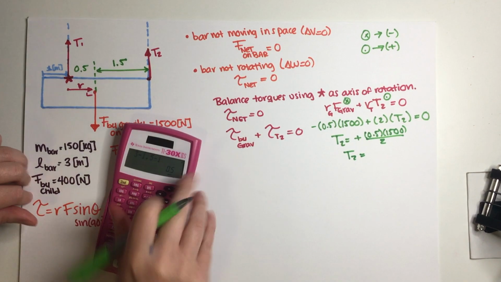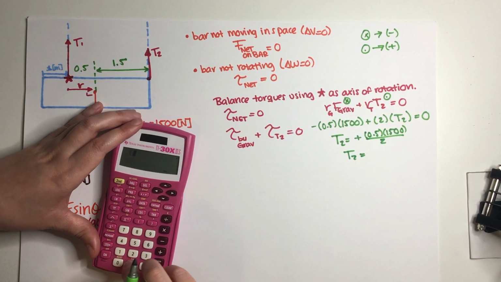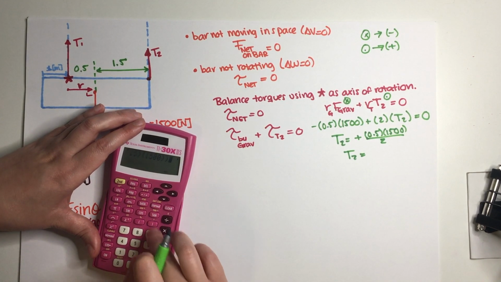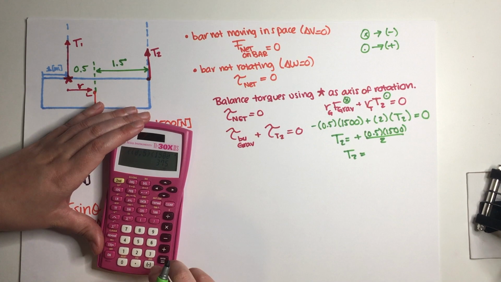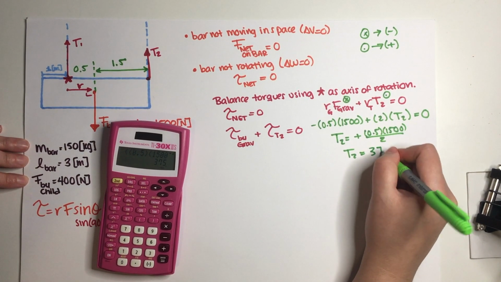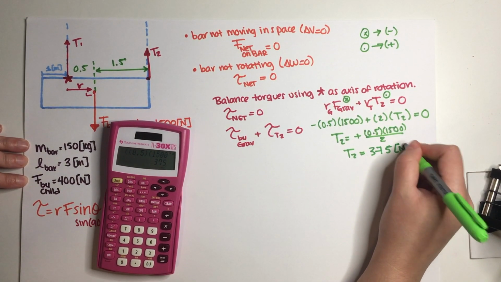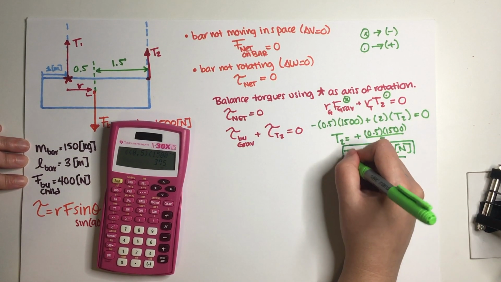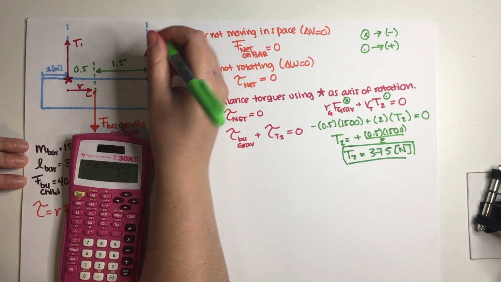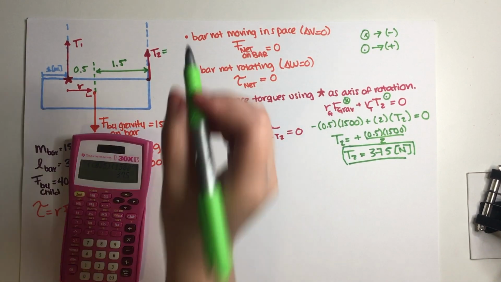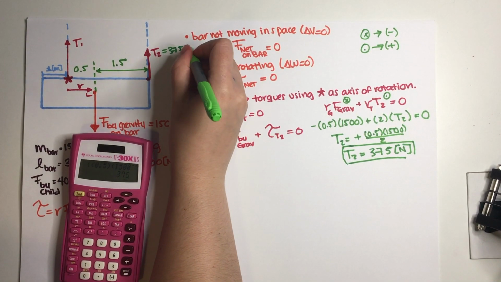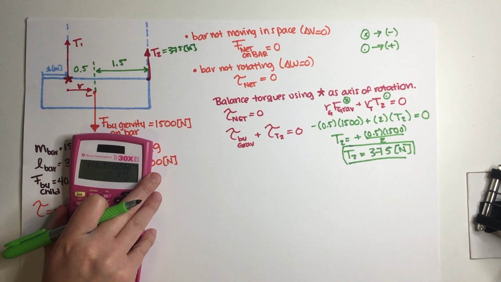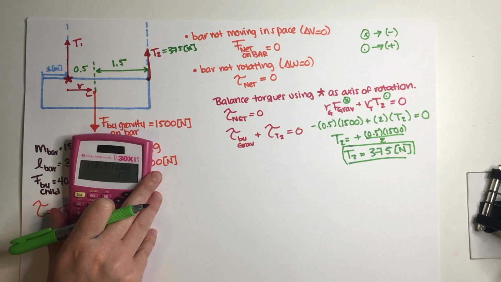So our tension force is going to be equal to 0.5 times 1500 divided by 2, 375 newtons. And I got a positive answer, which makes sense because it's going up. So 375 newtons. Okay, so we already have one of the tension forces. If we can figure out the other one, then we're good.